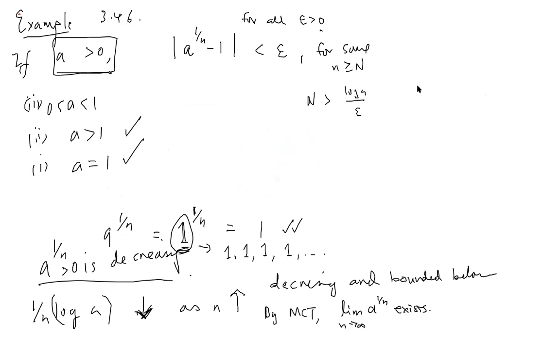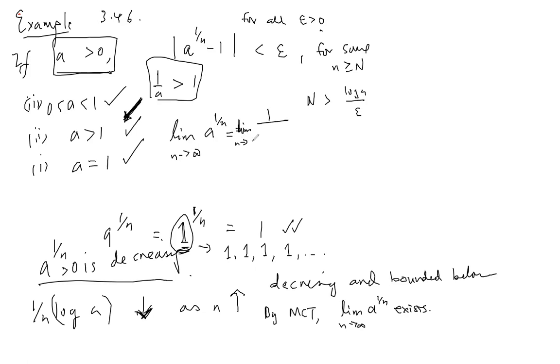So when you're dealing with a fraction, 1 over a will be larger than 1, right? So why do we do this? Because 1 over a is larger than 1, you can then borrow the result from the previous case. So the limit of a is equal to 1 over the limit of 1 over this, so I just write it like this, yeah?